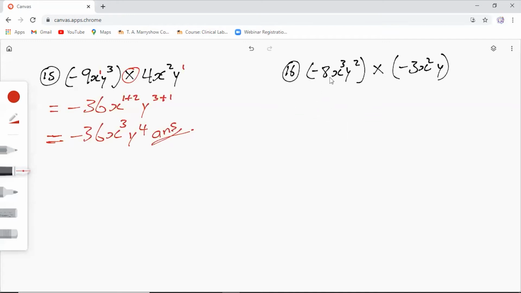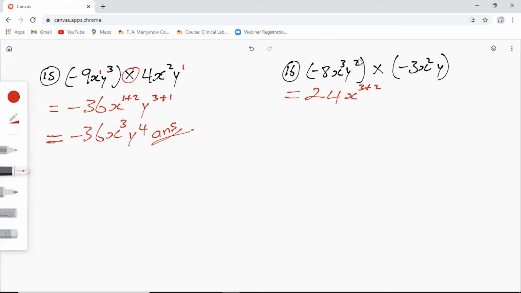Number 16, negative 8x cubed y squared times negative 3x squared y. Negative multiplied by negative is positive, and 8 multiplied by 3 is 24. So we get positive 24. Then we have x cubed times x squared, so that would be x to the power of 3 plus 2.